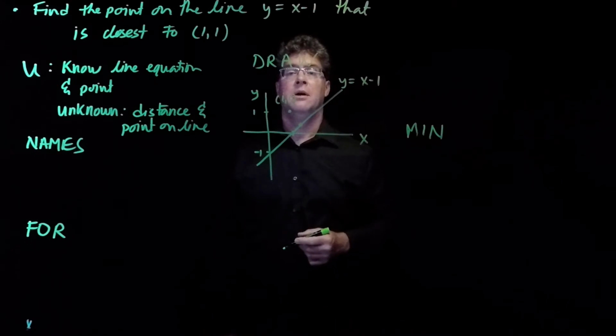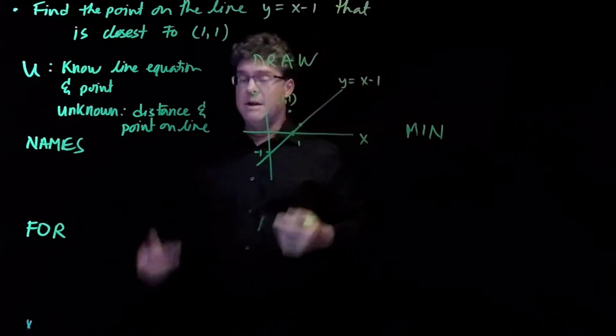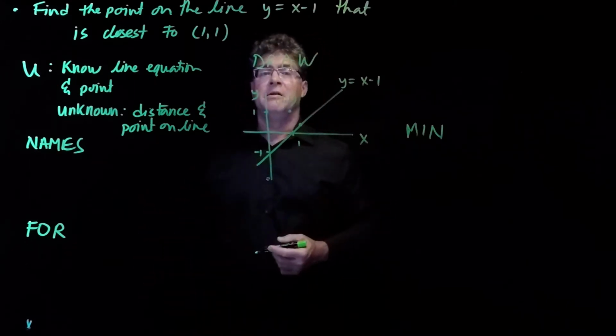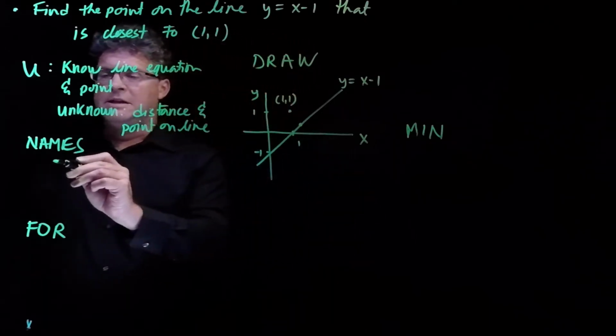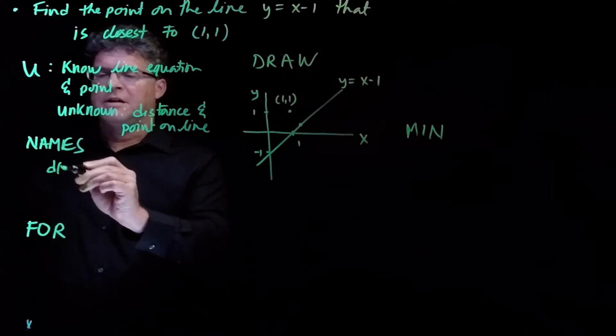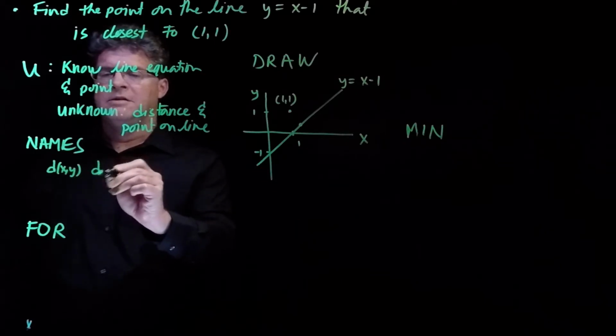We need a name for the distance between the line and the given point, and we'll call that d of x and y.